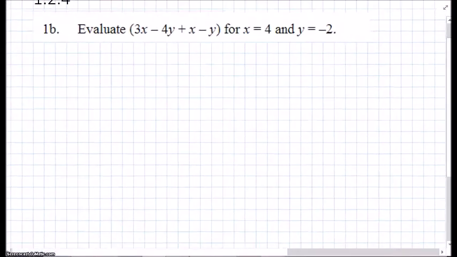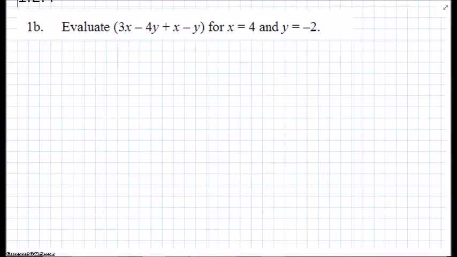1b, evaluate. Now it's getting a little trickier. 3x minus 4y plus x minus y. Now there's a couple of different ways we could do this: we could just plug it in, or we could simplify. Let's just plug it in for now.